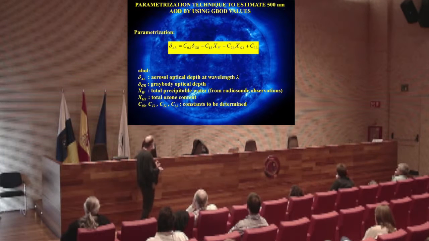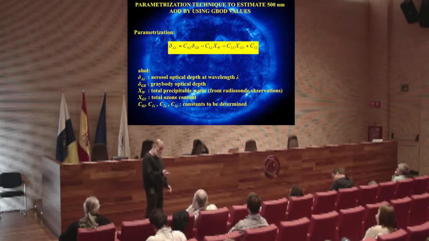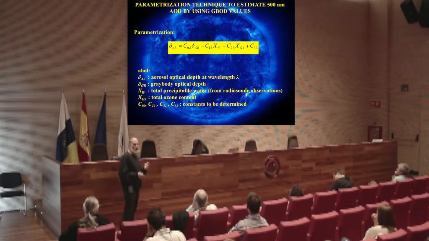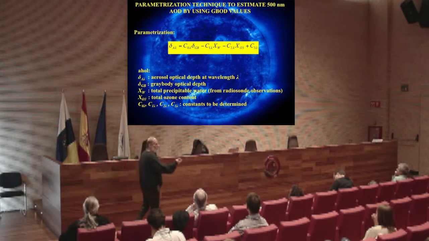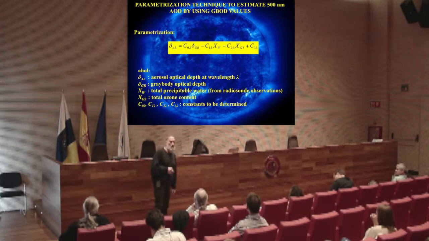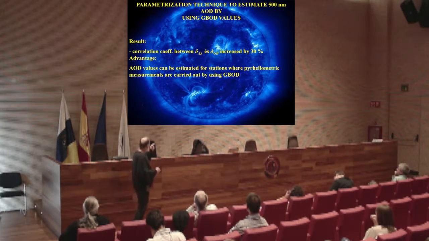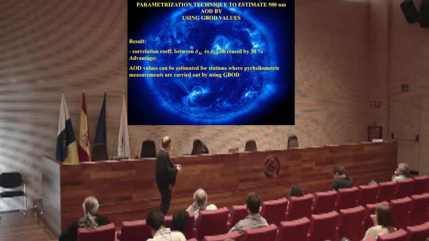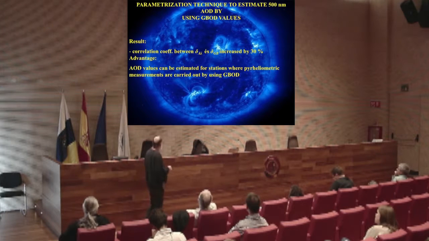with two parameters, a linear parametrization using the ozone and the water vapor. Practically, for the water vapor we use the total precipitable water that can be calculated from the radiometer measurements. And the result was good because the correlation between the two optical depths increased by 30% after this parametrization.